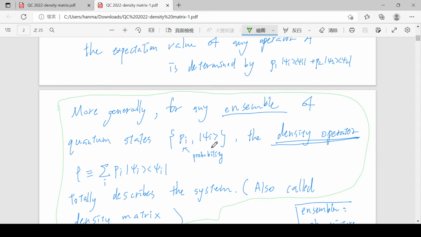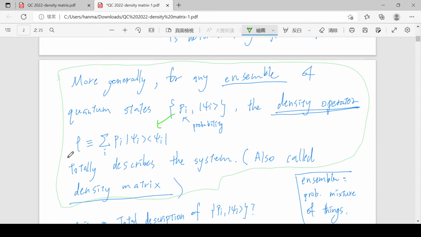So you have this ensemble where you have a whole bunch of quantum states psi i, each getting picked with probability p i. From this ensemble, you can calculate the density matrix, that is the summation of p i times the projector onto psi i.